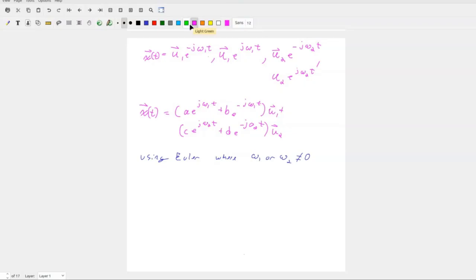This expression can become x of t is equal to capital A1 sine of omega 1 t plus phi 1 u1 vector, plus A2 sine of omega 2 t plus phi 2 u2 vector.